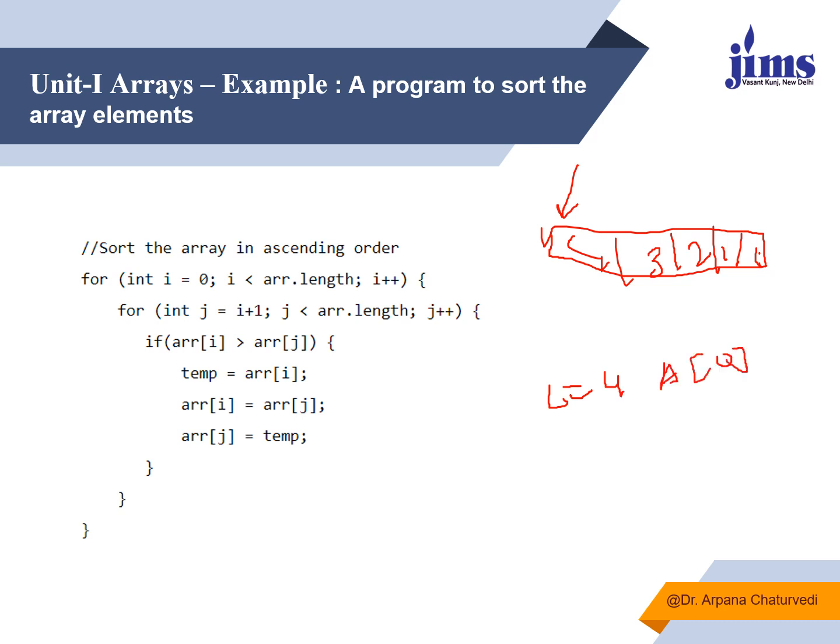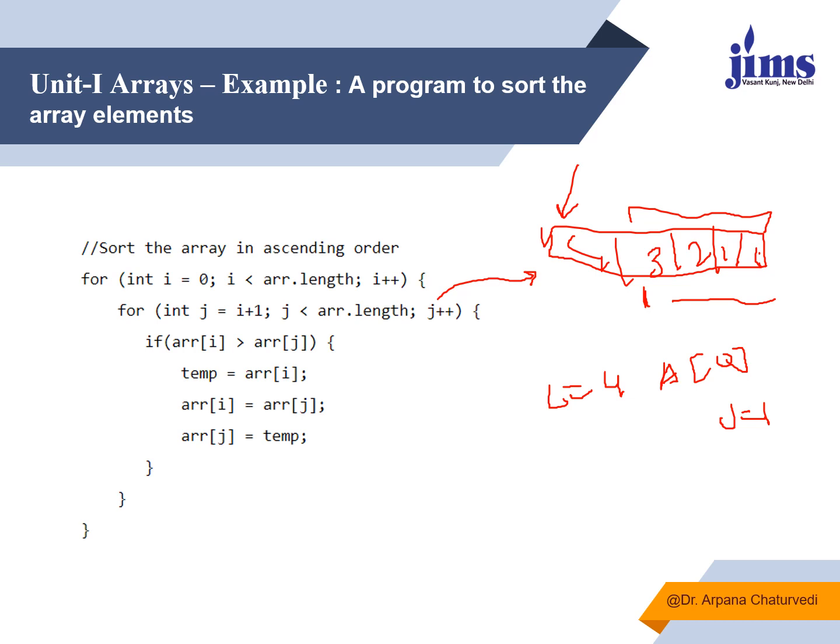Now I will compare this value with the rest of the elements. So I will run another loop, starting from i plus 1. When i is 0, j is equal to 1. Starting from 1, it will go till the length and each and every time it will compare its value with this arr[i]. In case the value at i is greater than this other value, then it will swap it. Otherwise it will keep on moving.